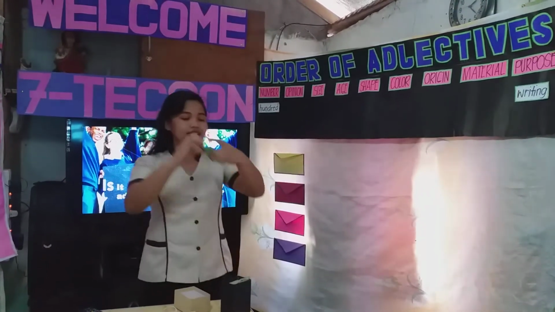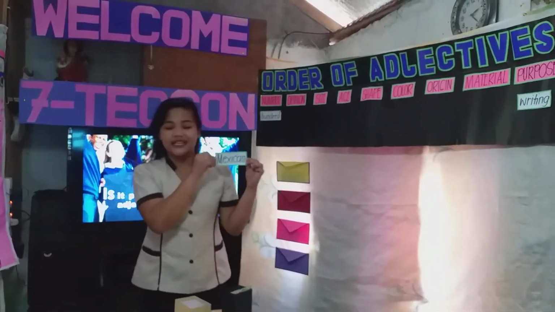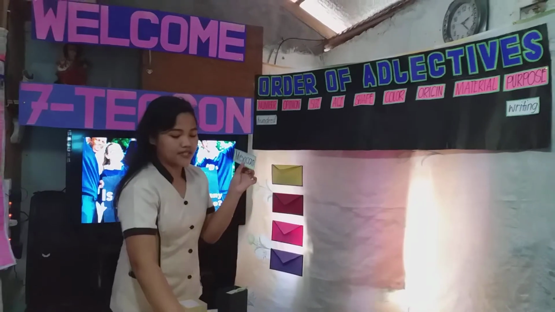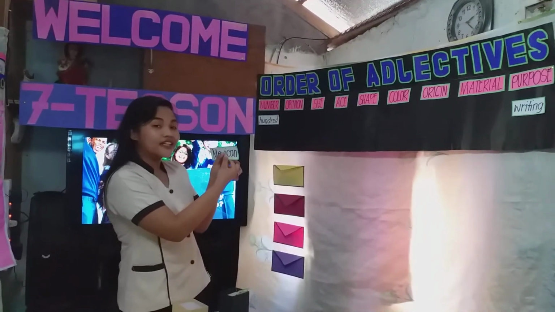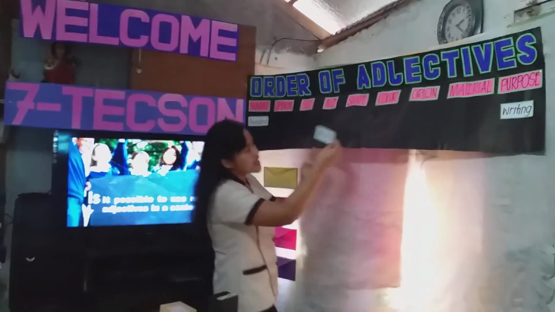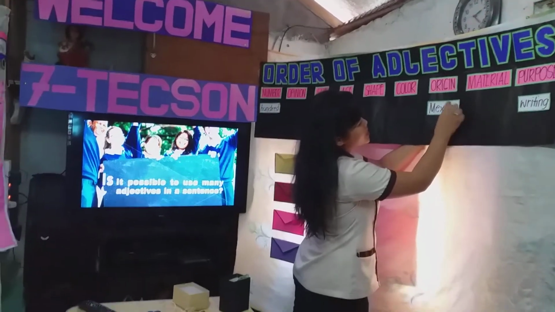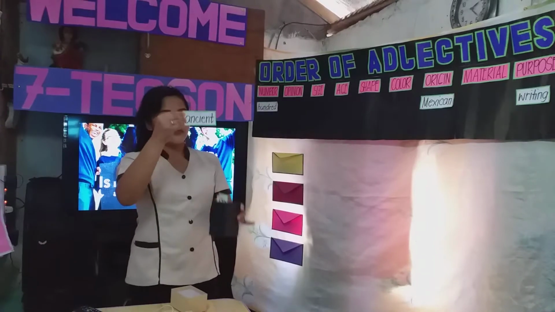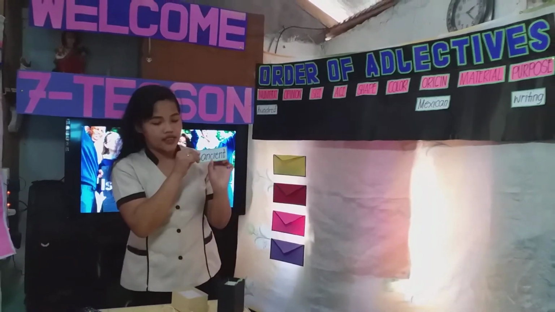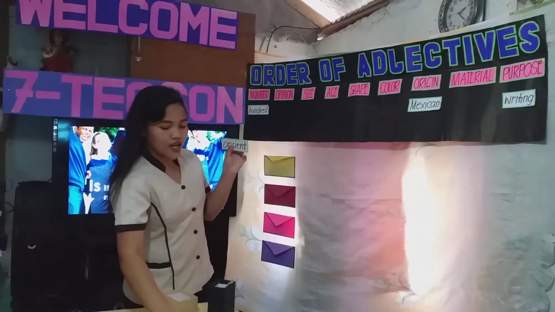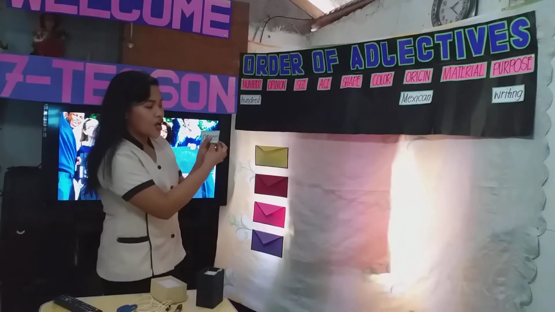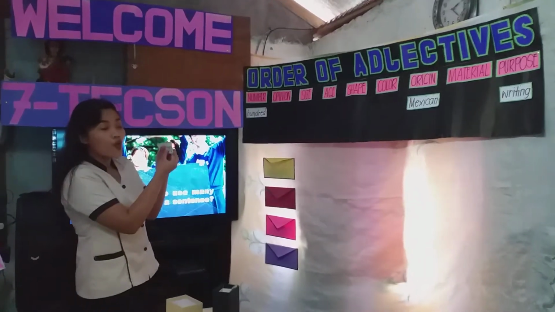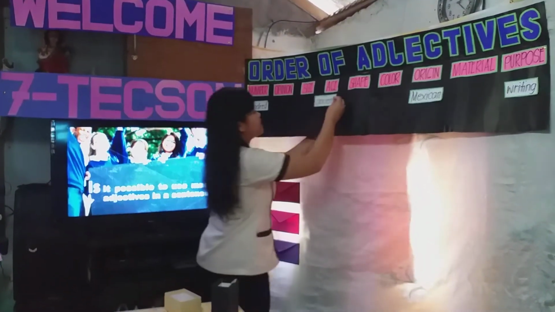So next is Mexican. So what type of adjective is this? Yes, very good. This is the origin. Next one, ancient. So what type of adjective is this? So when you say ancient, you are referring to the age of something.